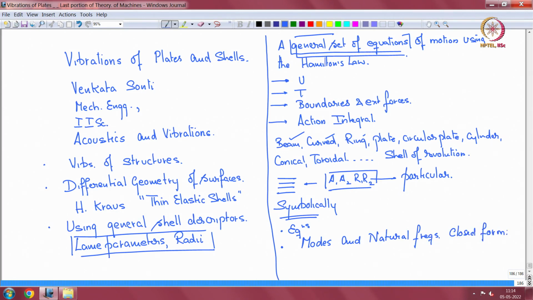That is one part of the thing. Then if one cannot come up with closed form analytical shapes, we use the Rayleigh-Ritz method to come up with approximate mode shapes and natural frequencies. So we will spend quite a bit of time over here.